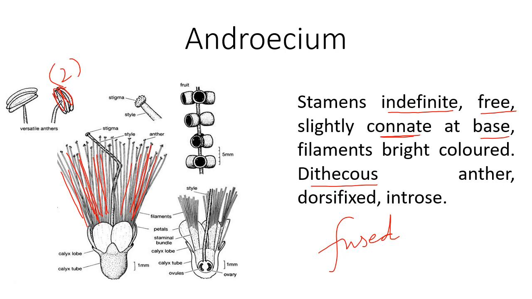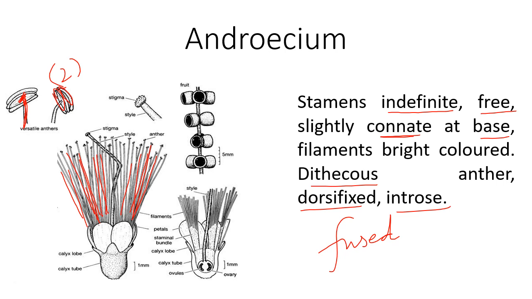This is dorsifixed as well as introrse. Why dorsifixed? Because this is the dorsal region, and from the dorsal portion actually the filament is attached here, and due to this position of filament, this is called as dorsifixed.